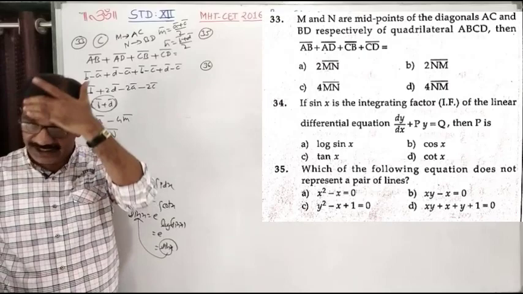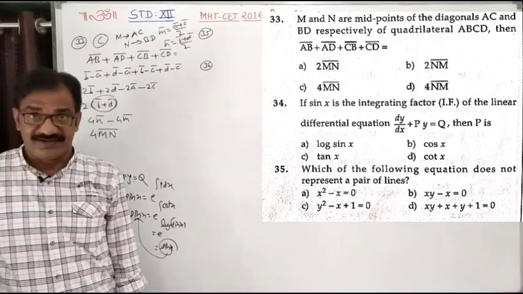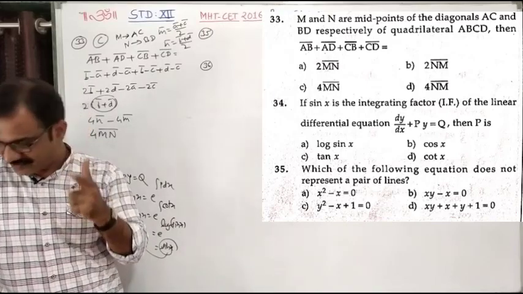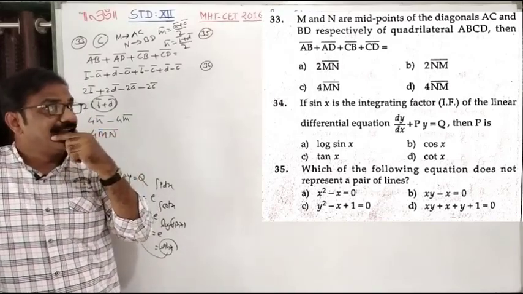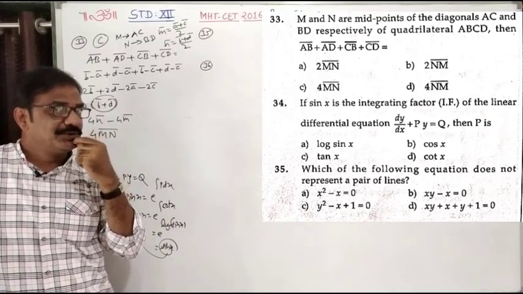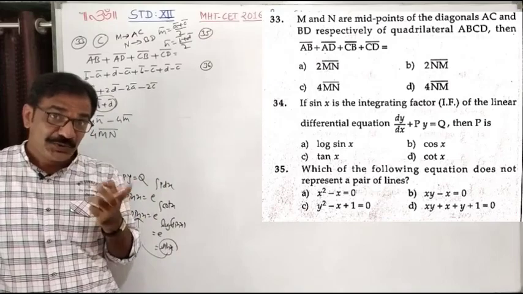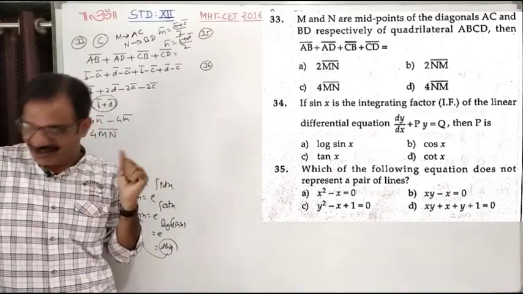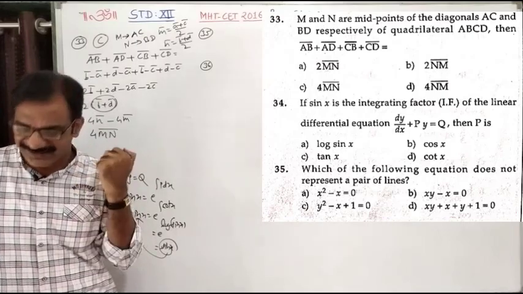35. You can directly go for that. Which of the following equations does not represent a pair of lines? Look at the first. x square minus x equal to 0. You can take x as common, x into x minus 1 equal to 0. You get two separate equations. So it is a joint equation. B has xy, so it is a joint equation.